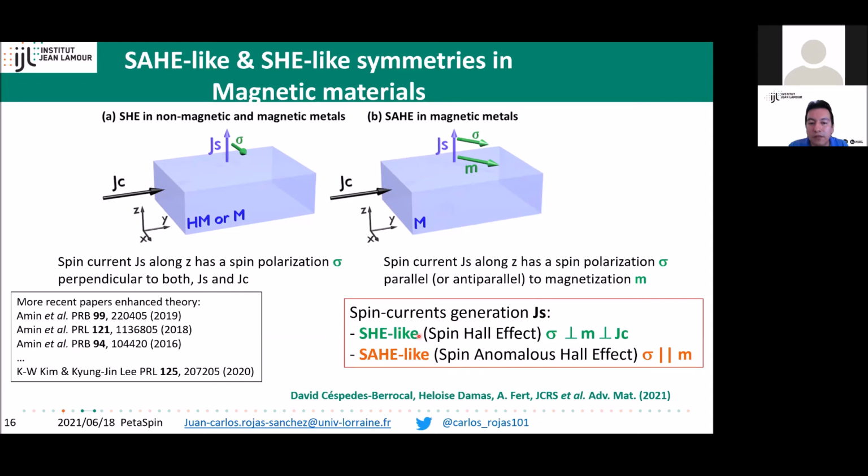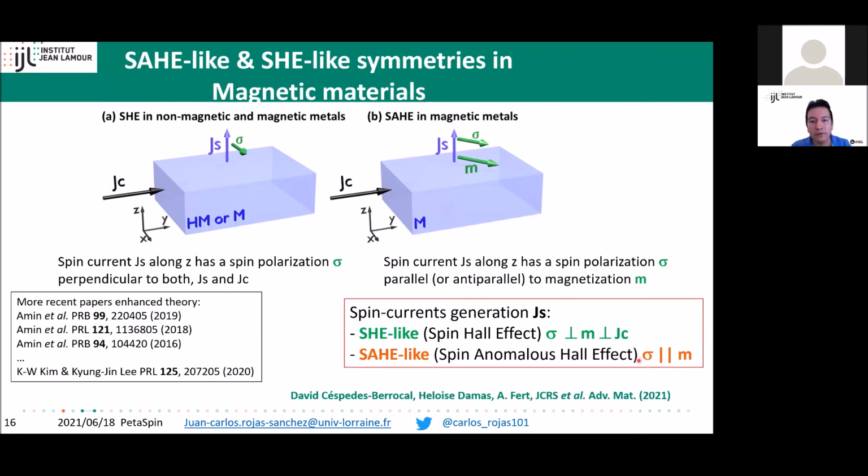One, the spin Hall effect like, where the spin polarization of the spin current generated is perpendicular to the magnetization, and the other, the spin anomalous Hall effect like, where the spin polarization of the spin current generated is parallel to the magnetization. So if we have this condition, I think it is not hard to understand that we cannot generate any torque or self-torque on its own magnetization because both are parallel.